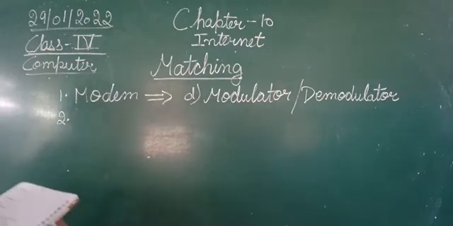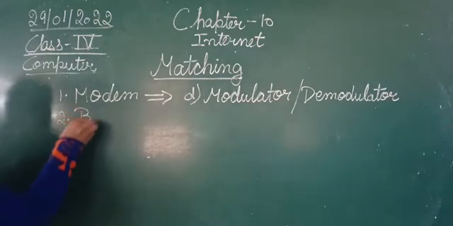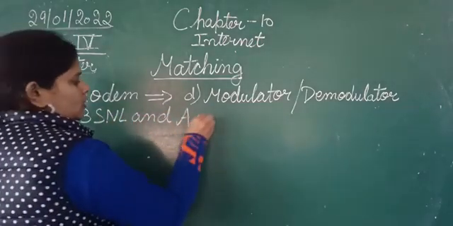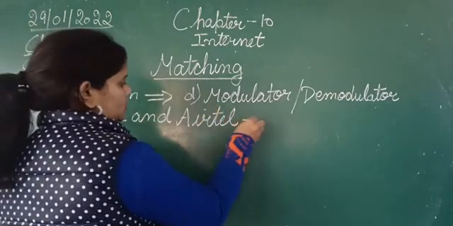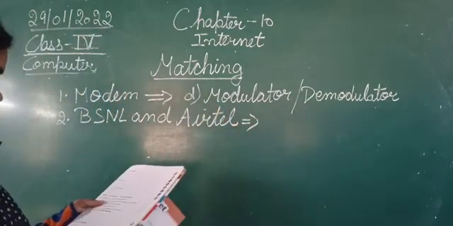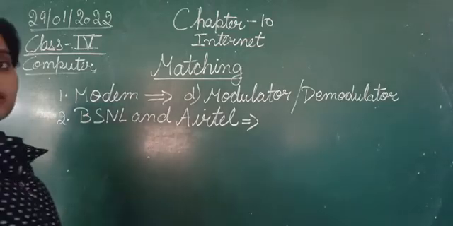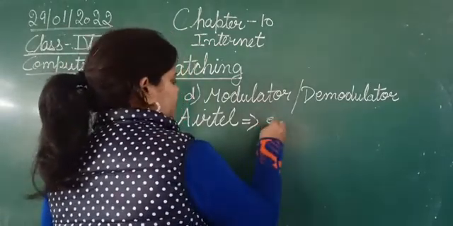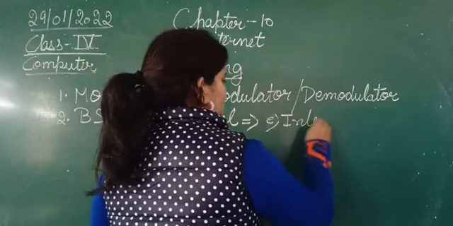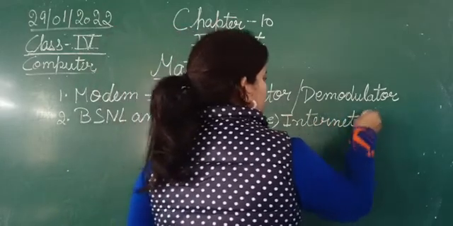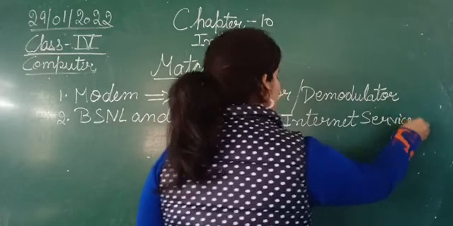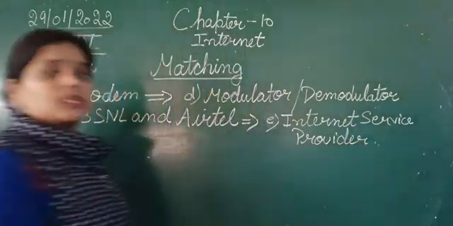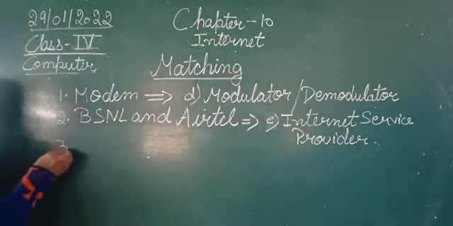Second one, BSNL and Airtel. What are these? BSNL and Airtel are ISPs, that is Internet Service Providers. So they are option number E, Internet Service Provider.